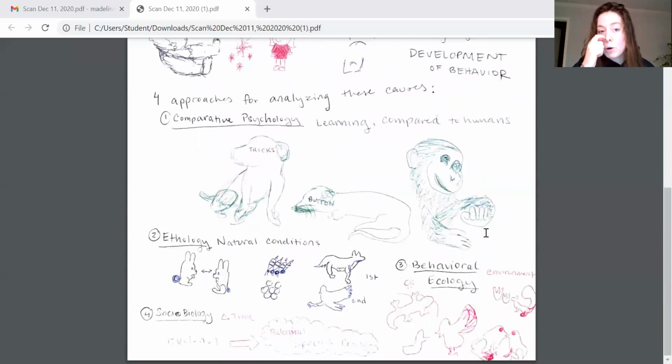There are four approaches for analyzing the effect of these causes evolutionarily for animals. First is called comparative psychology. This is evaluating how animals learn, especially compared to us. Think about a dog doing tricks like sitting or going up on its hind paws when you have a treat. It's not something that serves the dog in its normal evolutionary life without humans, but it is how we compare it to other animals.